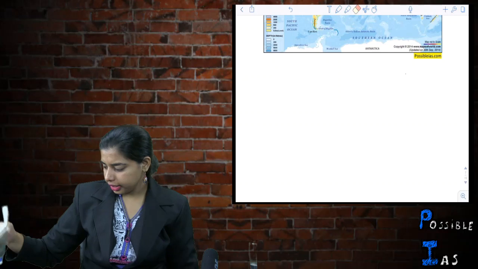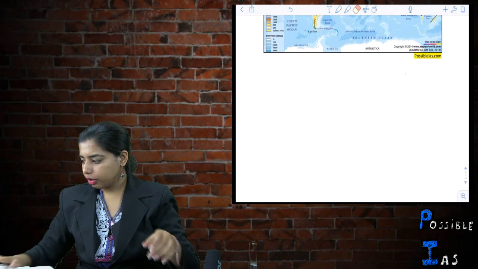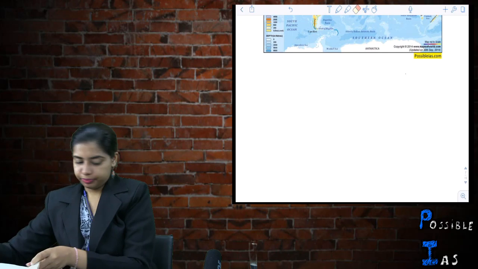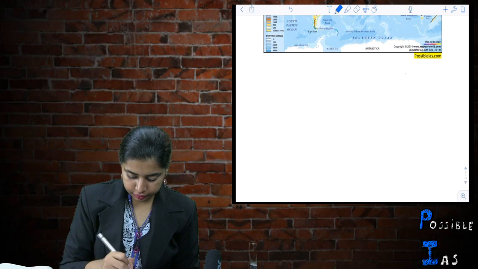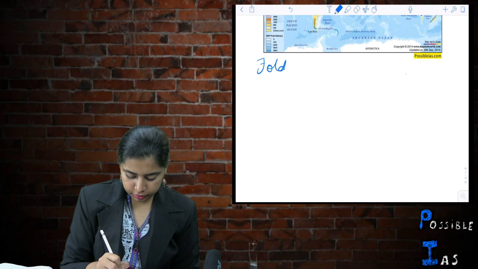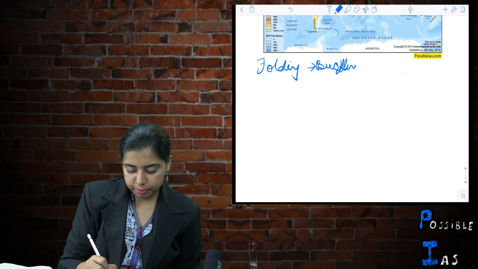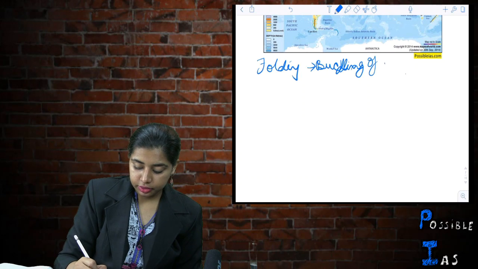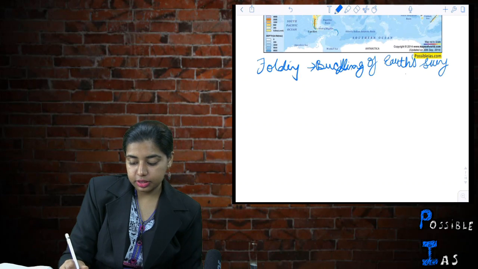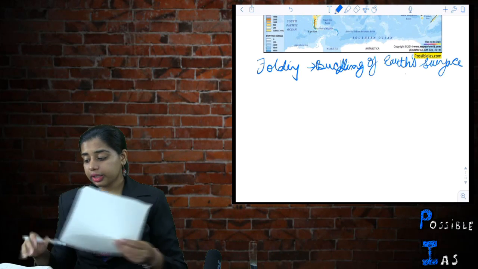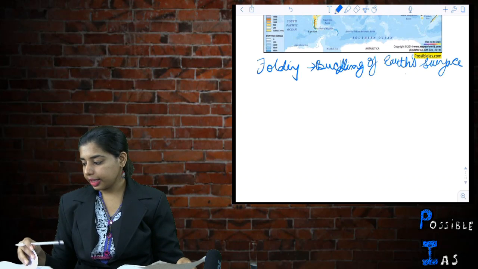So what is folding? It is the buckling of Earth's surface. Okay. So now what can happen? There are various types of buckling of Earth's surfaces that can happen.